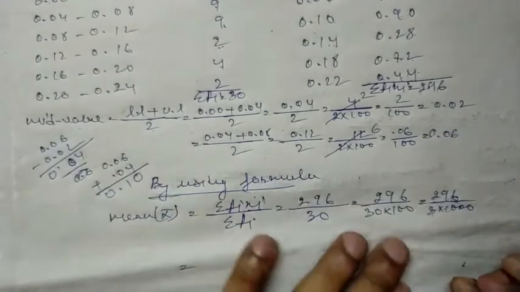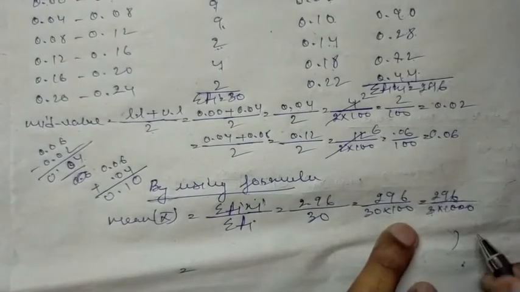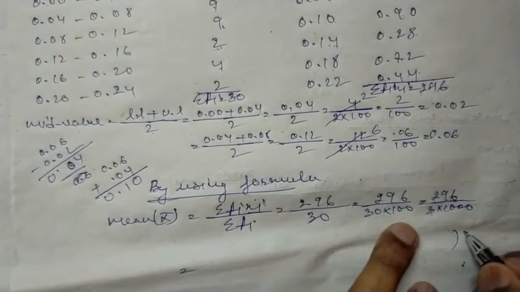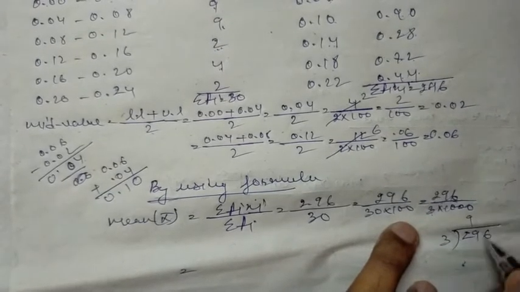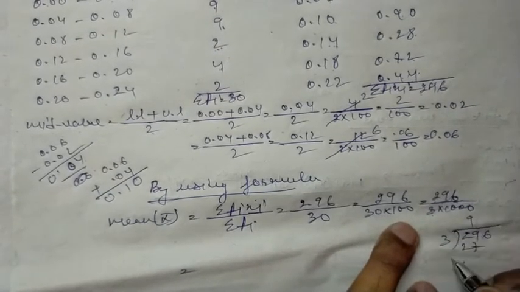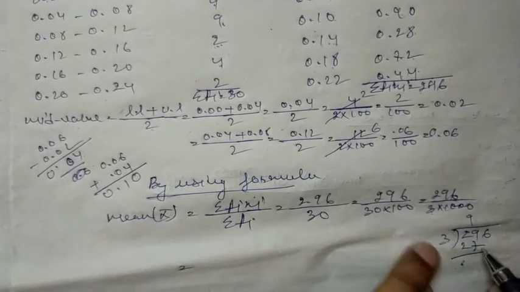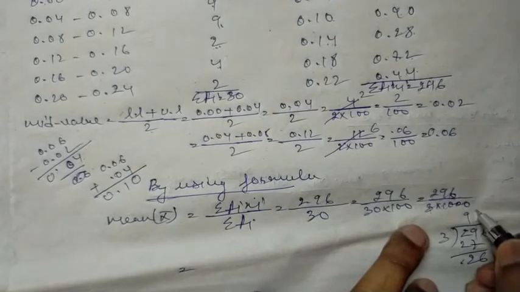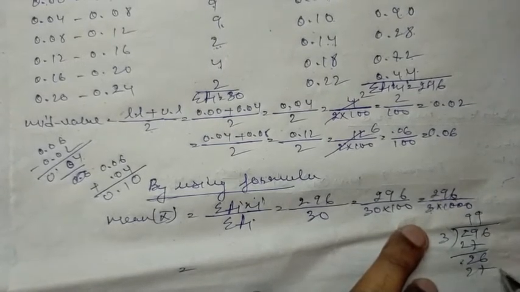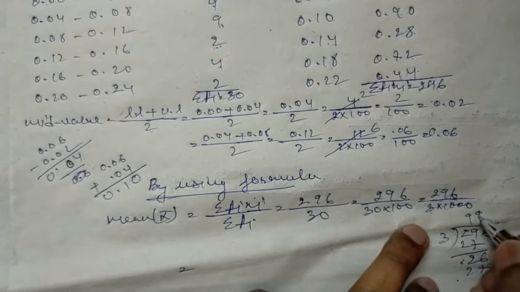If we cancel it, see what we will get here. 296 divided by 3, 3 nines are 27, 2 6 will come, 2 nines are 27, 2 8s.